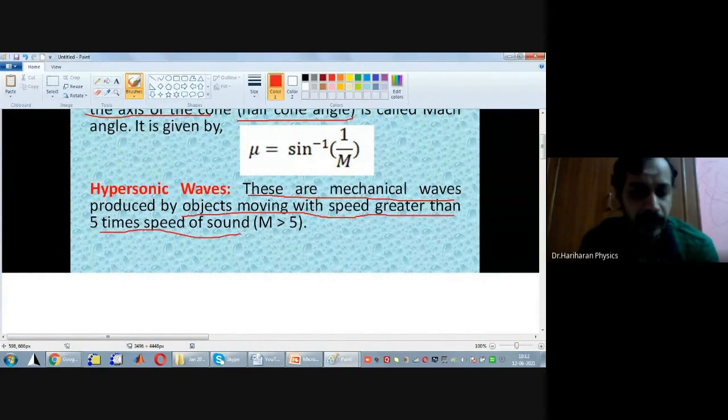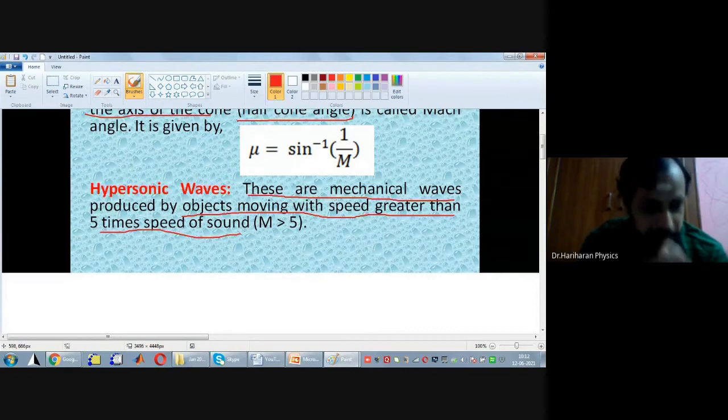For example, if an object moves at 6 times the speed of sound, 6 times 330 meters per second, so if an object is moving at a speed of say 2000 meters per second, then the sound vibrations that are produced are called hypersonic waves.